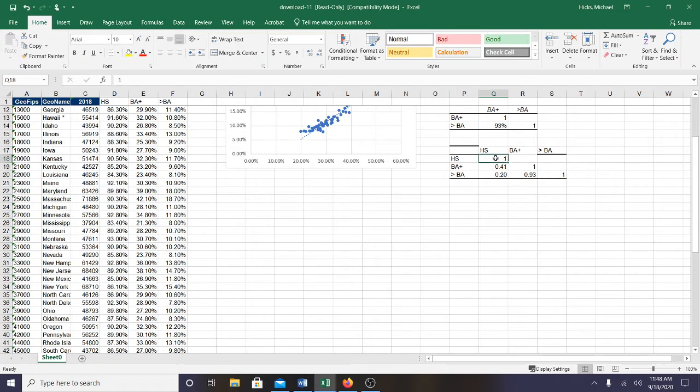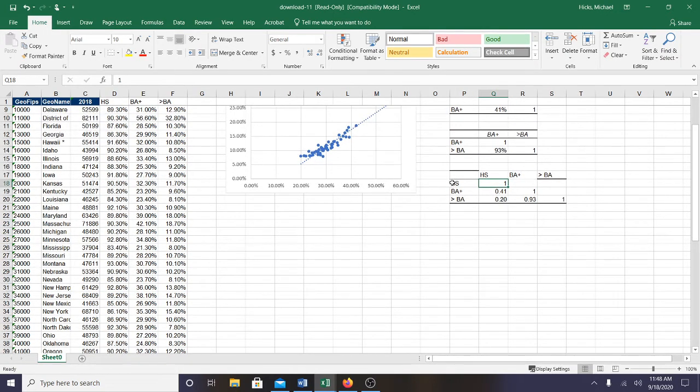Their high school diploma makes sense. High school diploma explains high school diploma with perfect certainty. So the variance between the two, the expected value is the same and the variance is the same. So it's going to be 1 for bachelor's degree, 1 for higher than bachelor's degree, 1. Here, the high school and bachelor's degree is correlated with one another at 41%.